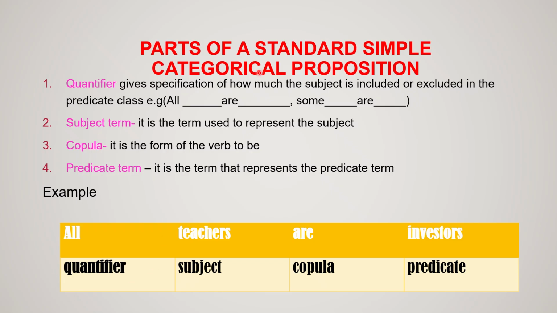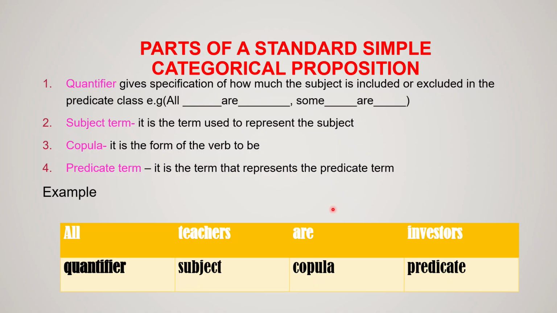It gives us a specification of how much of the subject is included, which is all of them. No teacher is left behind. We have the subject term, which is the term used to represent the subject, like here we are talking about the teachers as the main people in our proposition. You also have a copula, which is the form of the verb to be, which is are.